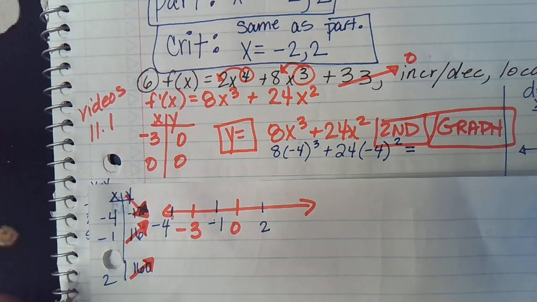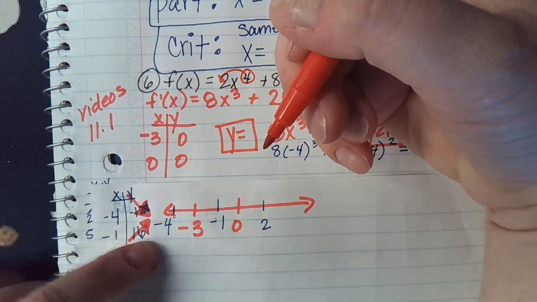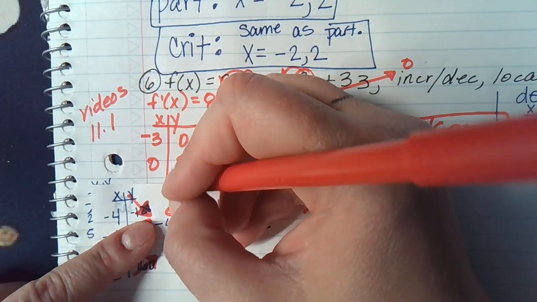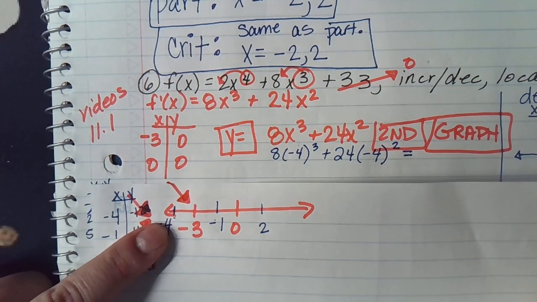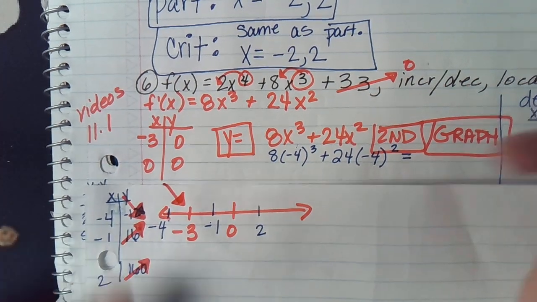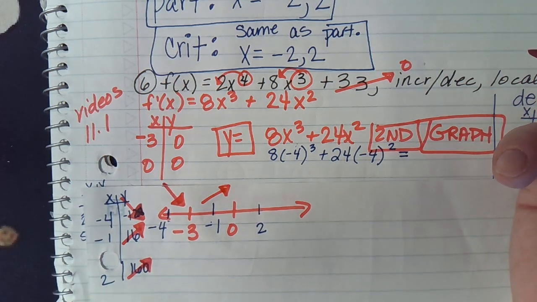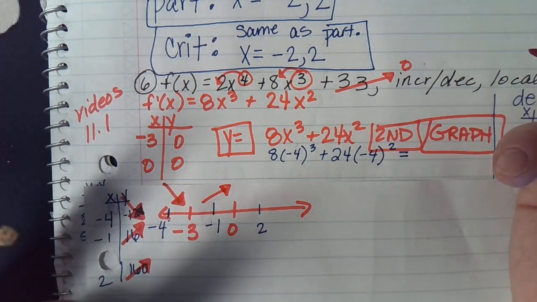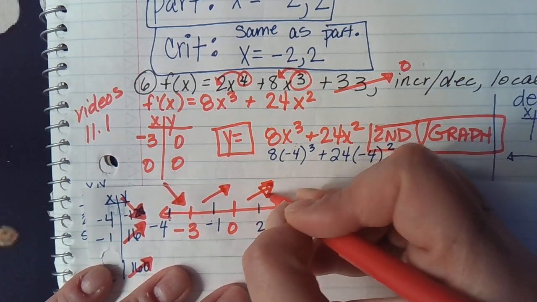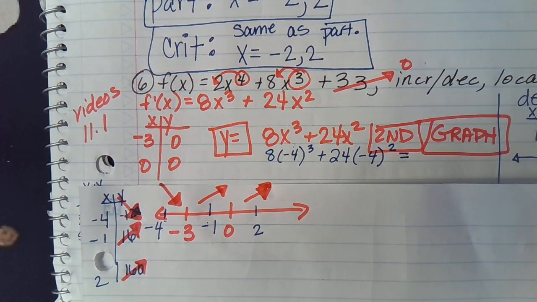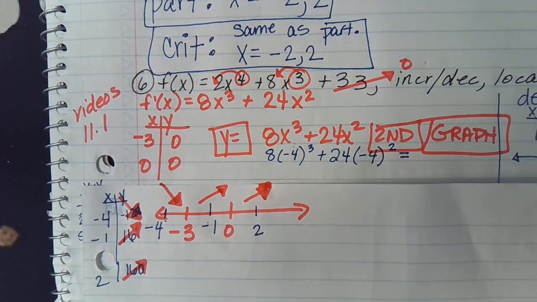Okay, so on top of that negative 4, since when I plugged in that negative 4, a negative 128 popped out, I'm going to put a down arrow on top of that negative 4. On top of the negative 1, an up arrow. On top of that 2, an up arrow. Oh gosh, okay. And those come from the signs of the y values.